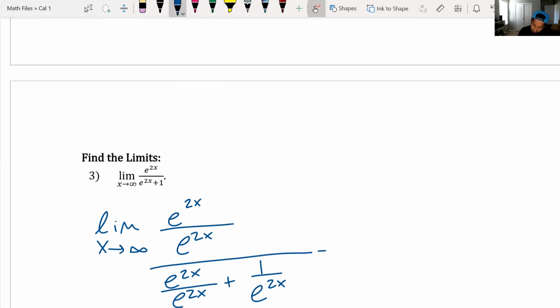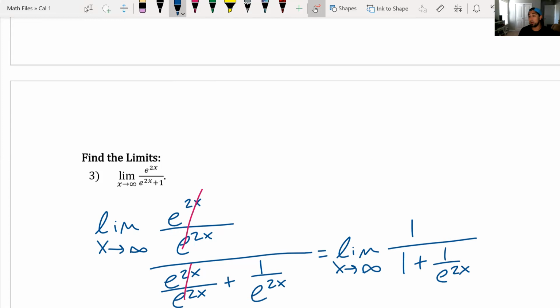Okay? Clean it up. We get the limit as x approaches infinity of, this becomes 1, that becomes 1. So we get 1 over 1 plus 1 over e to the 2x.